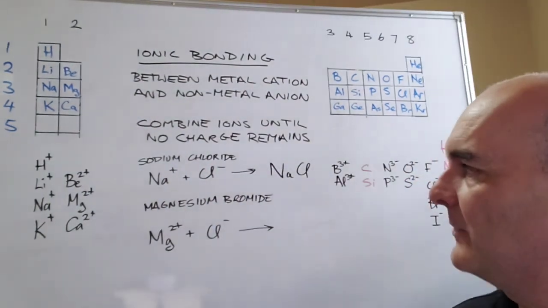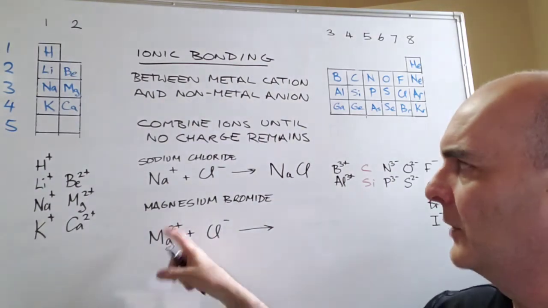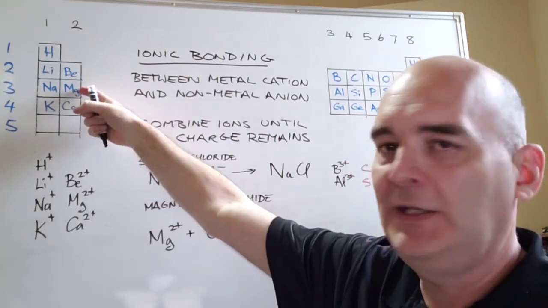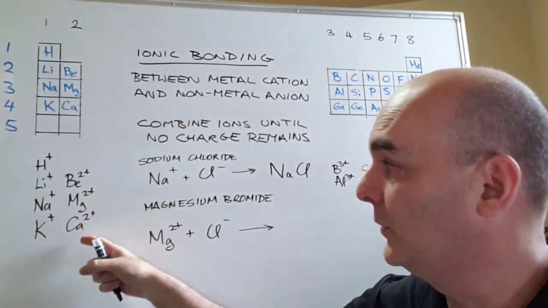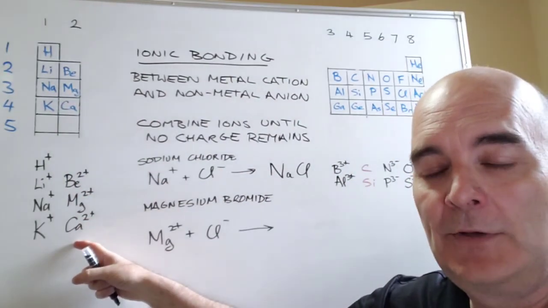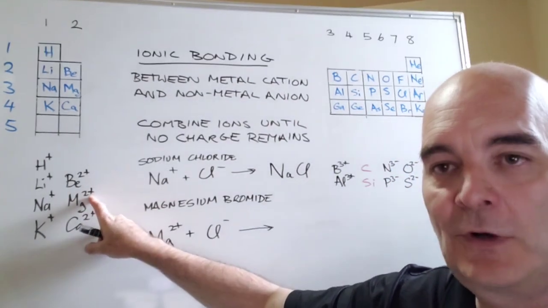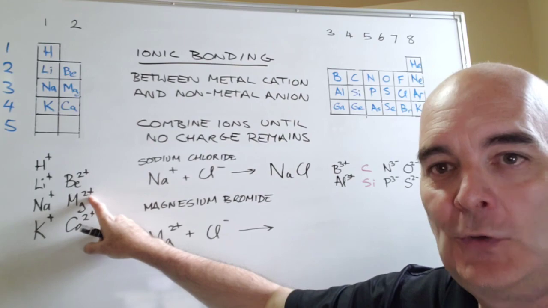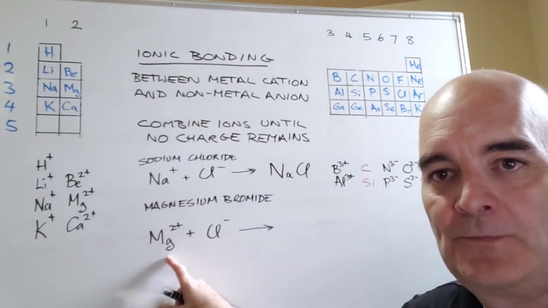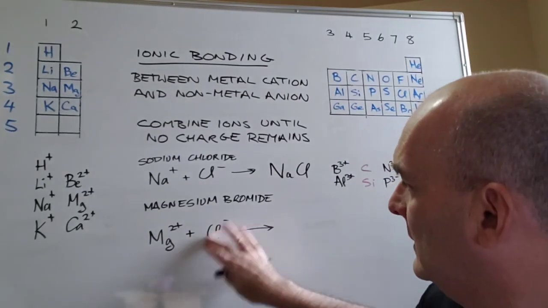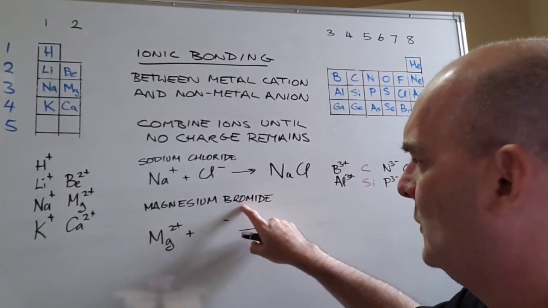So if I wanted to do the same thing and make magnesium bromide, I would look on the periodic table to find magnesium. Magnesium is in group 2. Everything in group 2 is a metal that undergoes oxidation to lose 2 electrons to become a 2+ cation. So here's my magnesium ion, and I'm going to combine this with bromide.